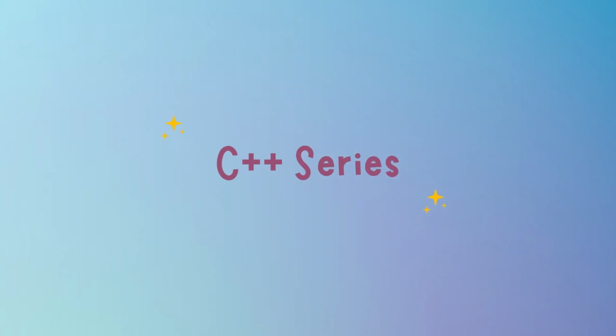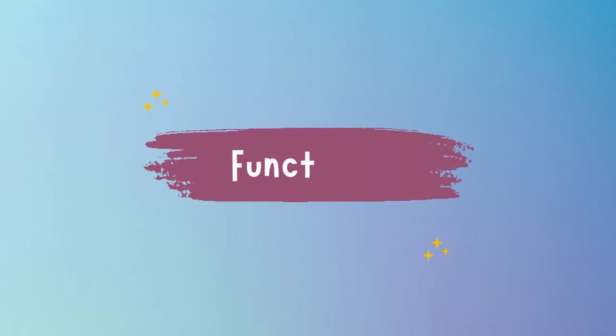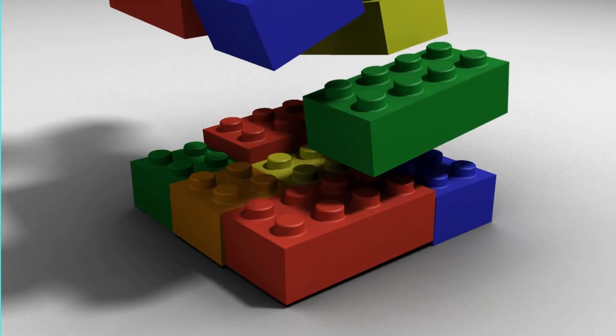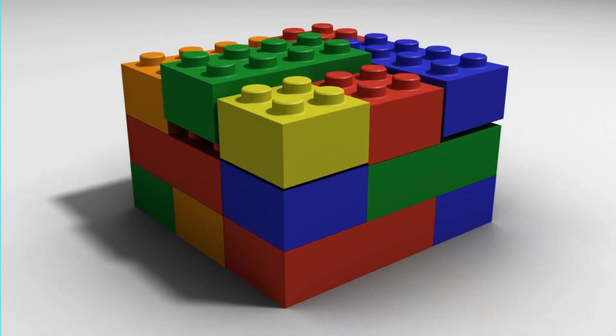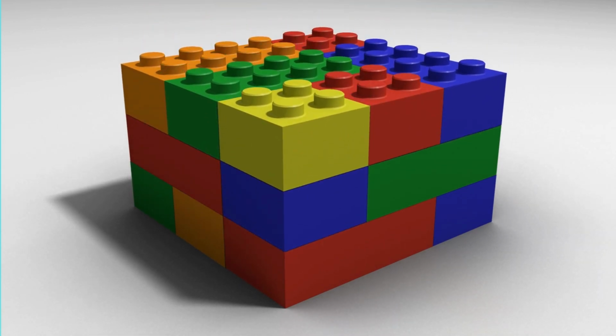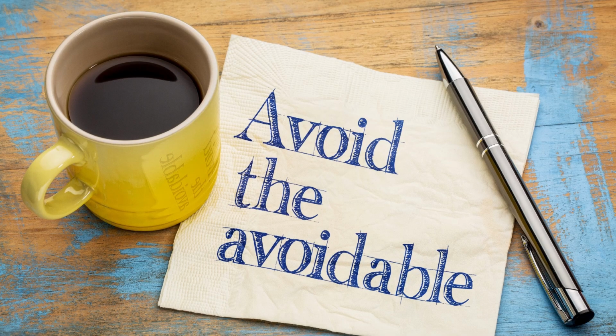In this opportunity, let's talk a little bit about functions, okay? They are blocks of code we write to perform a specific task in our program. To avoid writing the same code multiple times, it's a very useful tool in C++.